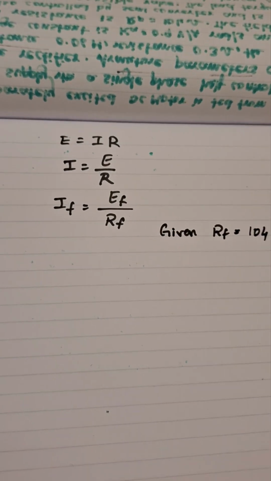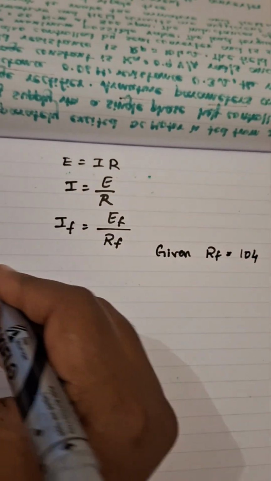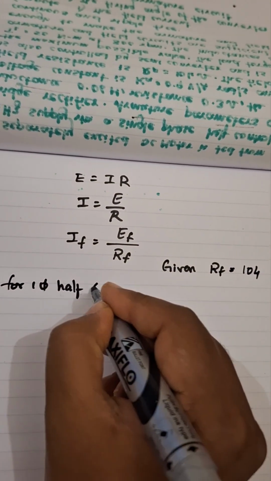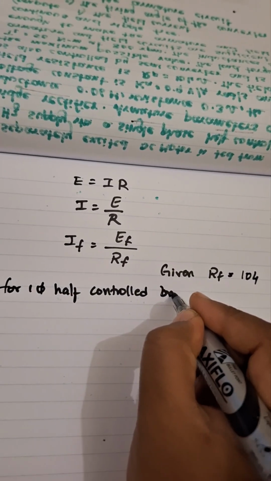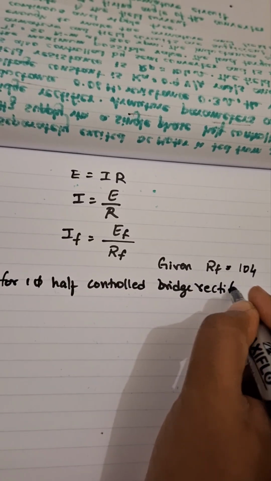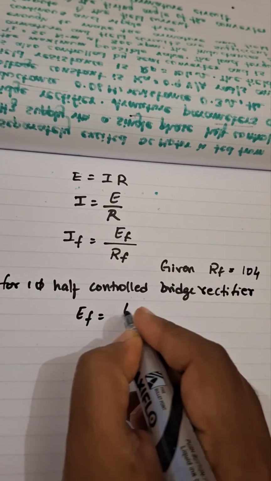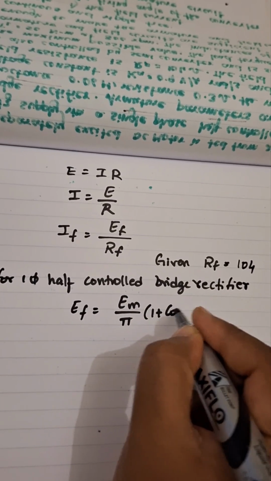And the question already said that it is a half control bridge rectifier. So for a single phase half controlled bridge rectifier, EF is equal to EM by pi into 1 plus cos alpha.